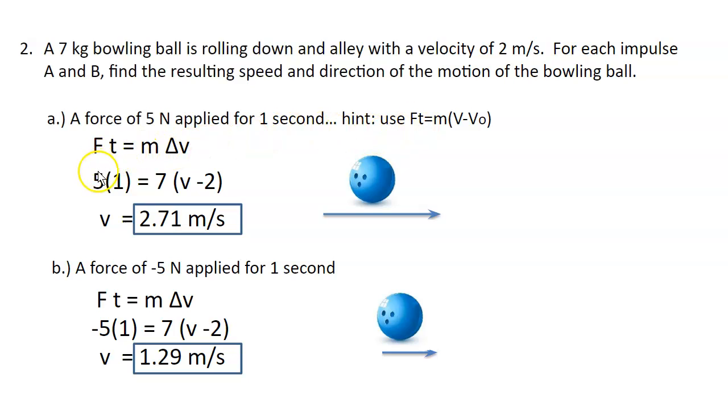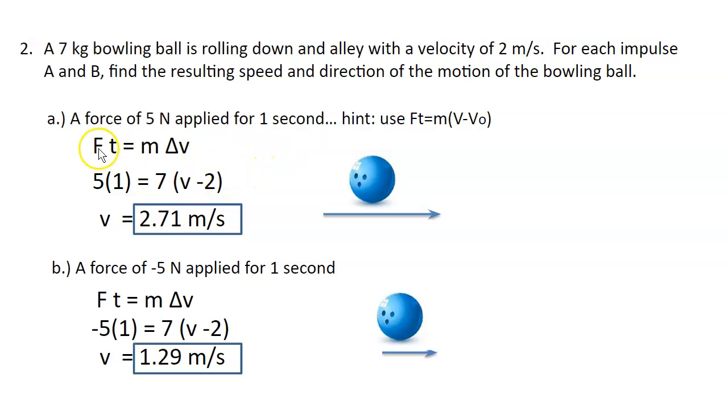They tell us the force, it's 5 newtons. They tell us it's for 1 second. We know the mass of the ball is 7. And remember what delta V is. It's change in velocity, and change in is always final minus initial. We don't know what the final velocity is, but they tell us the initial velocity. It's 2 meters per second.